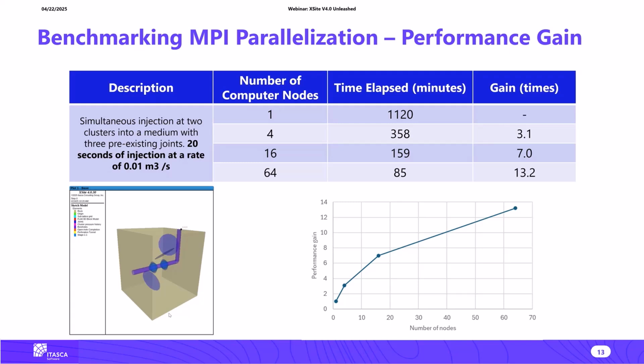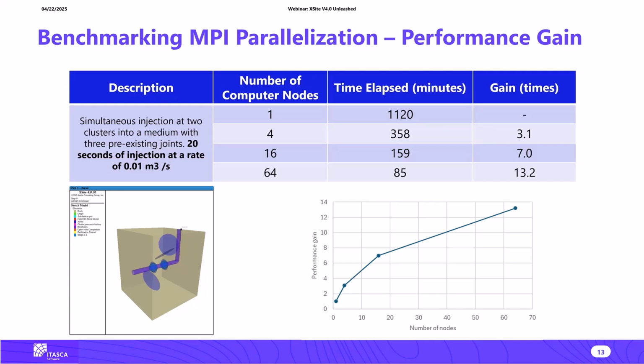So when you do manual decomposition, you can say, I want to divide my model into 3 parts in the X direction, 4 parts in the Y direction, and 2 parts in the Z direction. If I did my calculation correctly, that would give you 24 domains, and then XSite would do this decomposition of the model, automatically assign each part to a different node, and then the model will be executed, where these nodes would be running in parallel and communicating information to preserve and maintain continuity and so on.